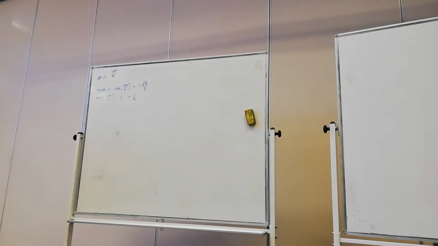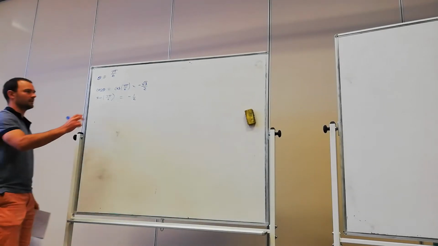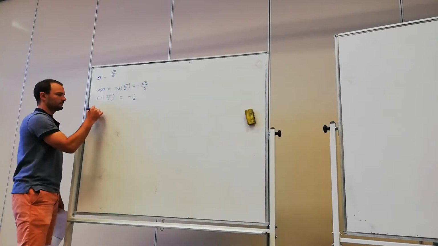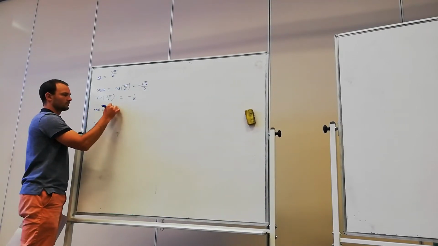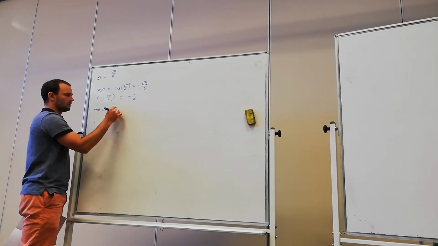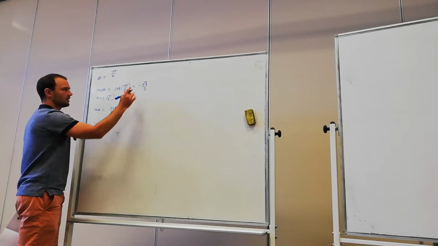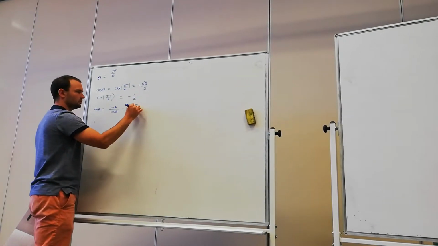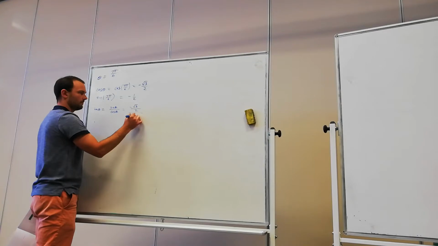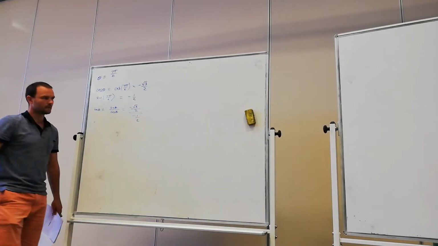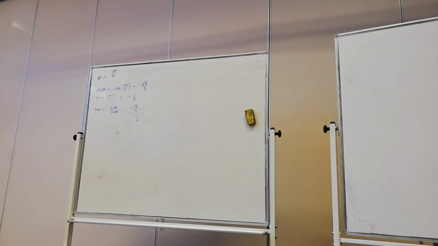And then we're asked to find tan theta. And tan theta is not listed on our unit circle, but tan theta is just sine theta divided by cos theta. So that's going to be minus root 3 on 2 on top of minus 1 on top of 2. So here's a good way to think about these fractions.